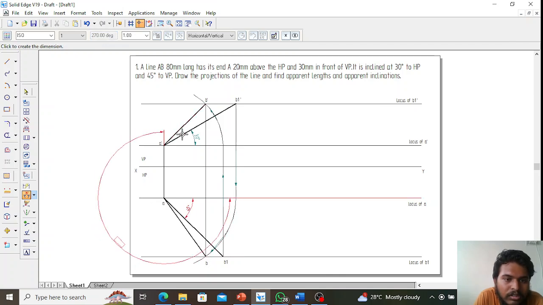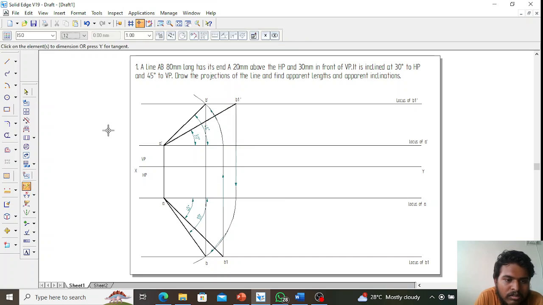So this is the apparent inclination of the first one, and this is the apparent inclination of the second one. Okay, and now the apparent lengths. So the first apparent length is this one, second one is this.